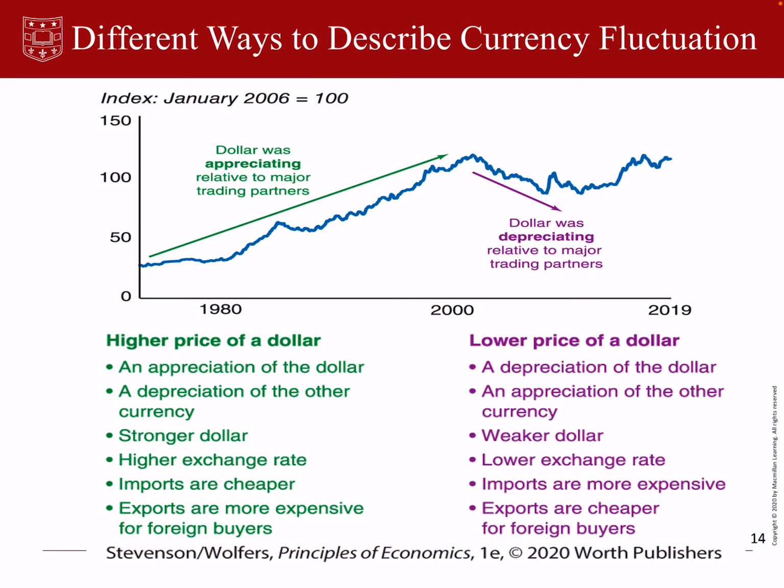This, rather than the previous slide, which showed bilateral exchange rates, shows an index of the dollar relative to the currencies of the U.S.'s major trading partners, and you can see this broad trend of the dollar appreciating to roughly the early 2000s, and then a depreciation relative to other currencies to roughly the financial crisis, and then an appreciation through the present, as we're going to see in a subsequent slide later on.